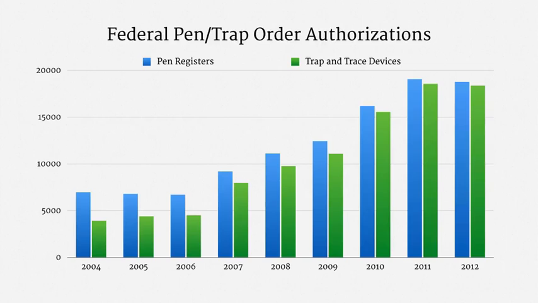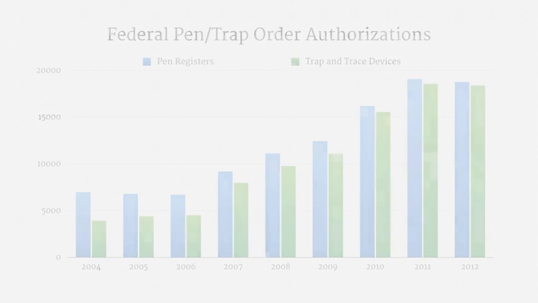Applications have roughly tripled or quadrupled over the past decade. Orders for outgoing calls, that is, pen registers, were historically much more common, but now are about at parity with orders for incoming calls.